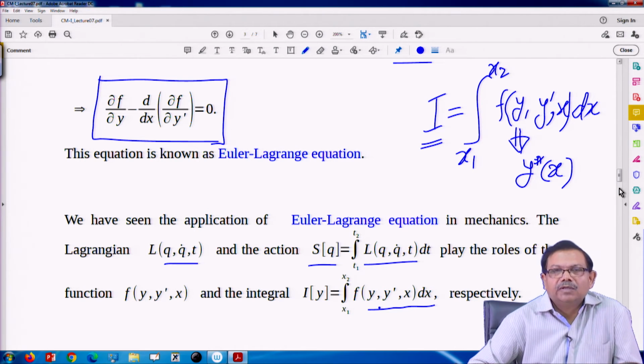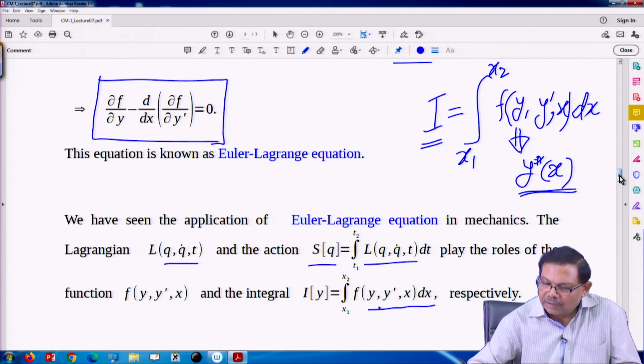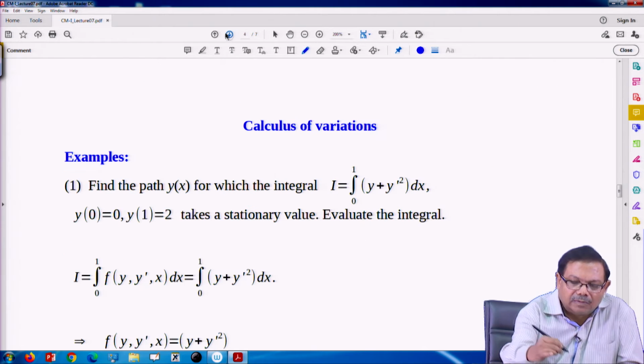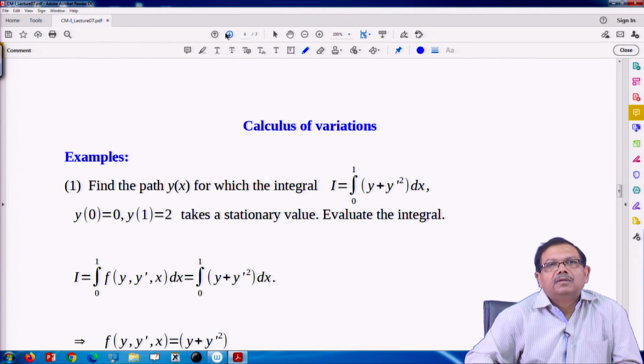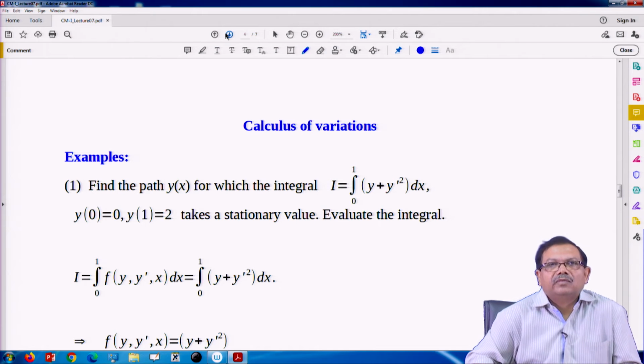That is why we are using the word stationary for a particular curve y star of x. Okay. So, now we will look at some examples of the Euler-Lagrange equation, or calculus of variations.